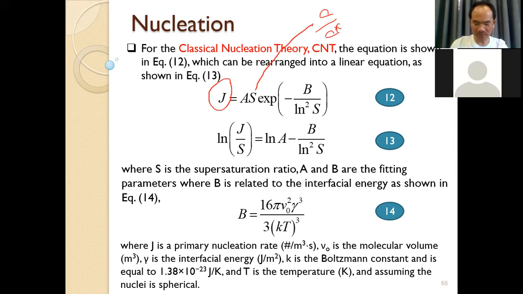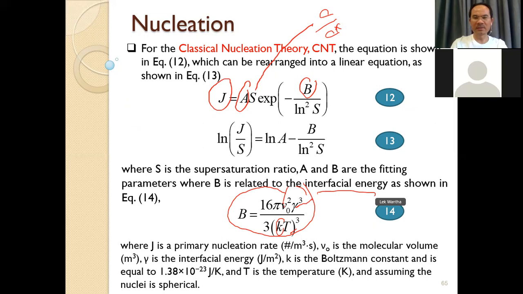And it's also a function of parameter A and parameter B. Parameter B is in terms of the molecular volume, gamma, the interfacial energy, and also the temperature and the Boltzmann constant. Parameter B is a function of the interfacial energy between solute and solvent.